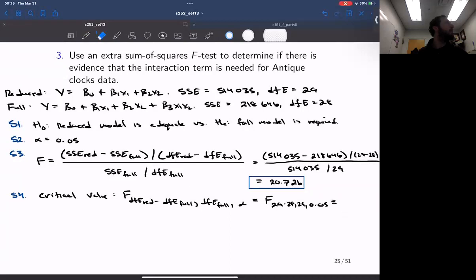Right, yeah. Okay, I had it right the first time then. Just check the value really quick.